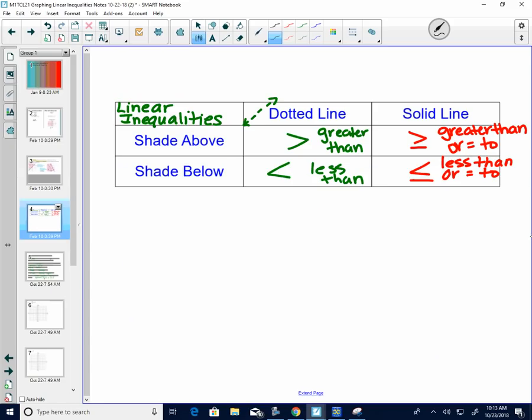So here is an important table for you to look at. This is talking about linear inequalities. You shade above when you have the greater than sign, and when you have the greater than or equal to sign. So that means when you solve for y, if it is open towards the y, that means y is bigger, and you need to think bigger means above.